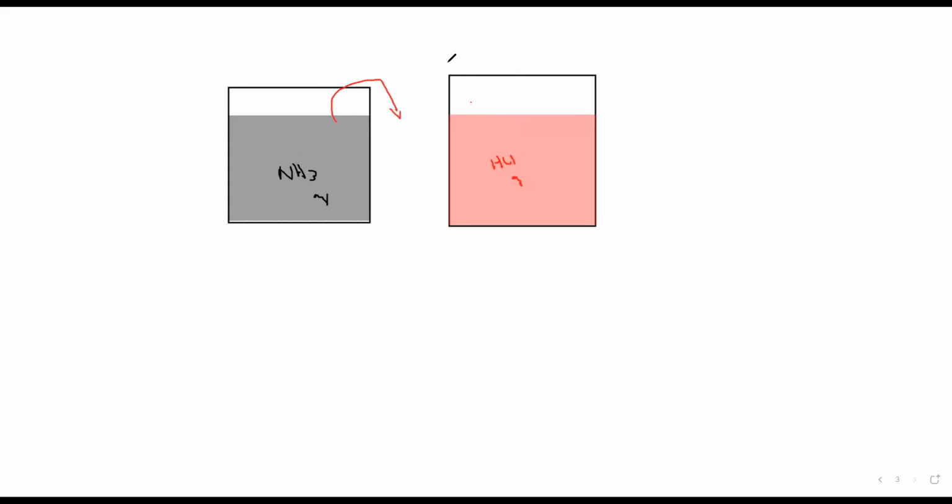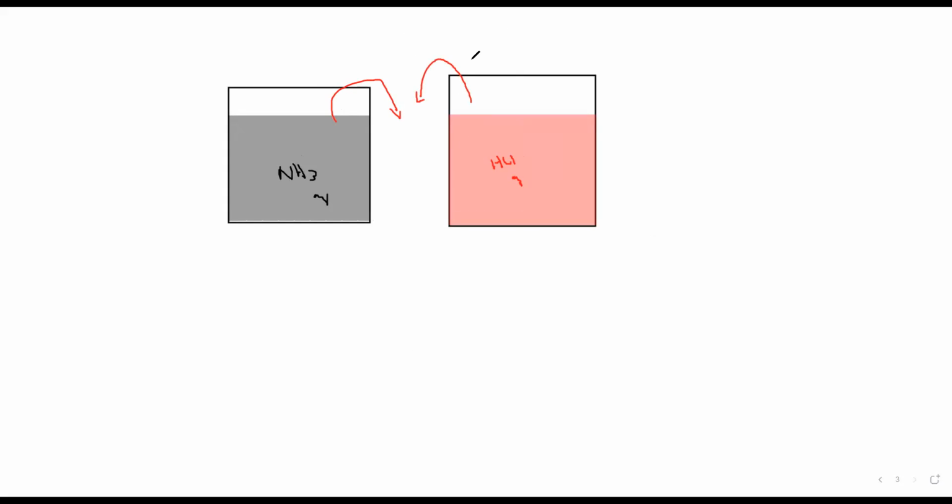And you have, say, aqueous HCl in another container, which is filled with aqueous HCl. When you mix them together into another container, what happened?